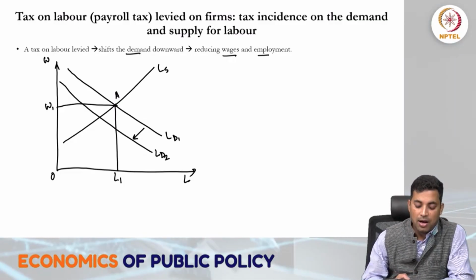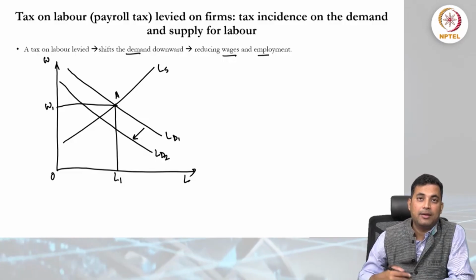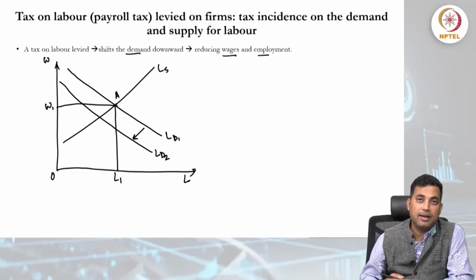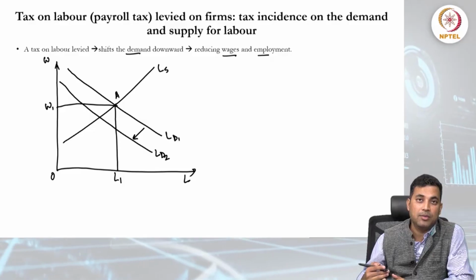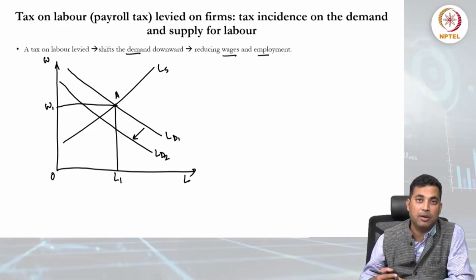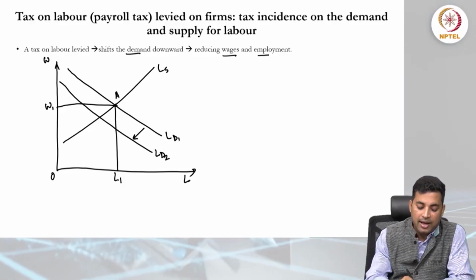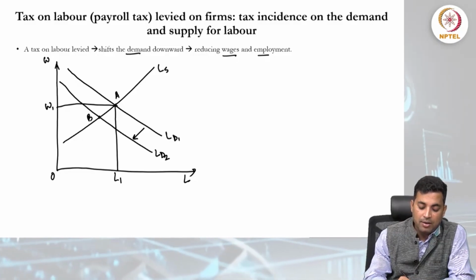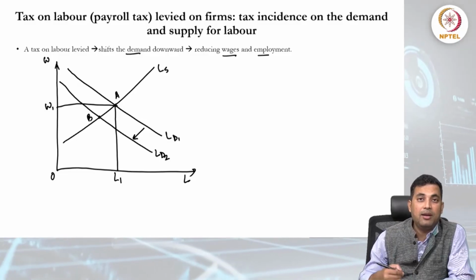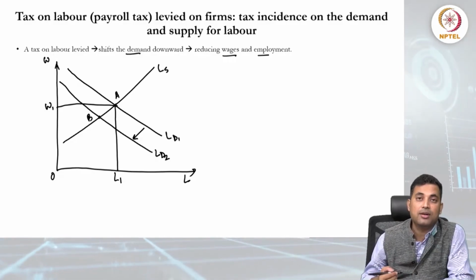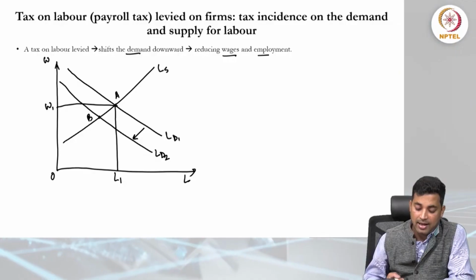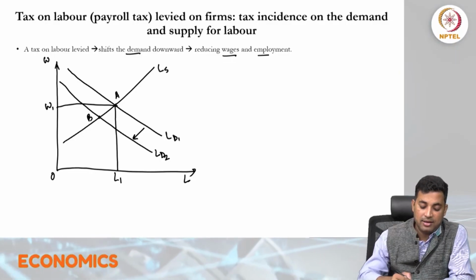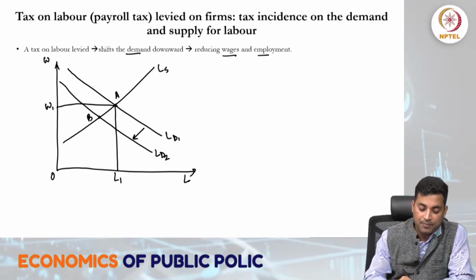and the wage that got determined is OW1. So now as tax is imposed on labor, labor demand goes backward, like demand for labor is reduced, and we get the new equilibrium point, point B, at which labor supply LS and LD2 with tax intersect each other.